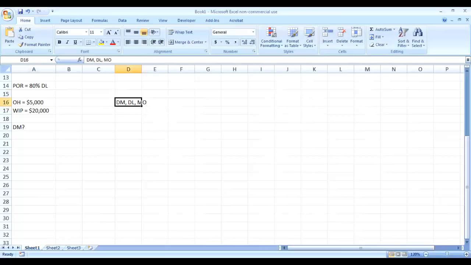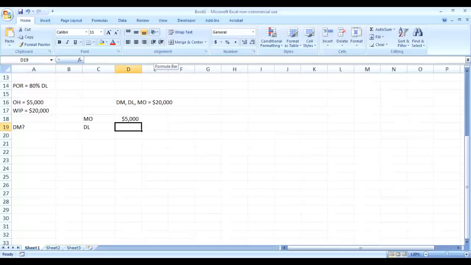So the total of all those 3 for this job is $20,000. So far, so good. So if we know that overhead was $5,000 of that $20,000, how can we determine what direct labor is?